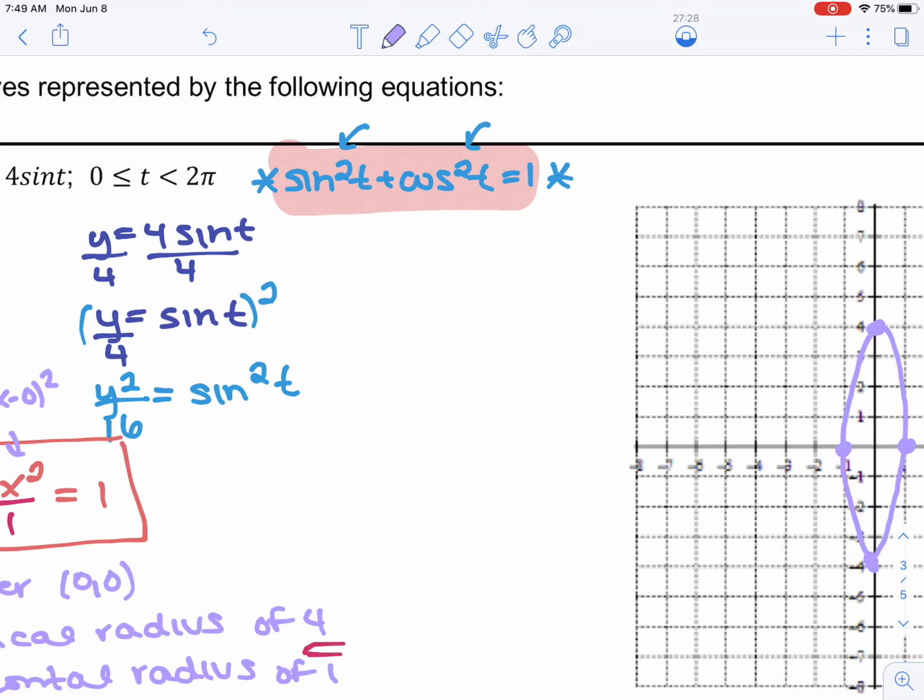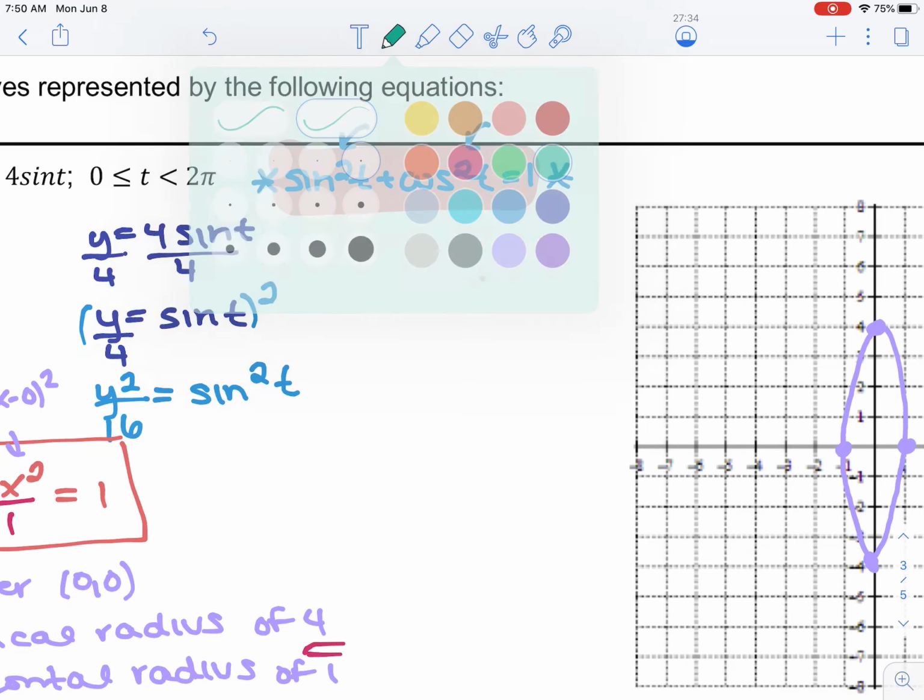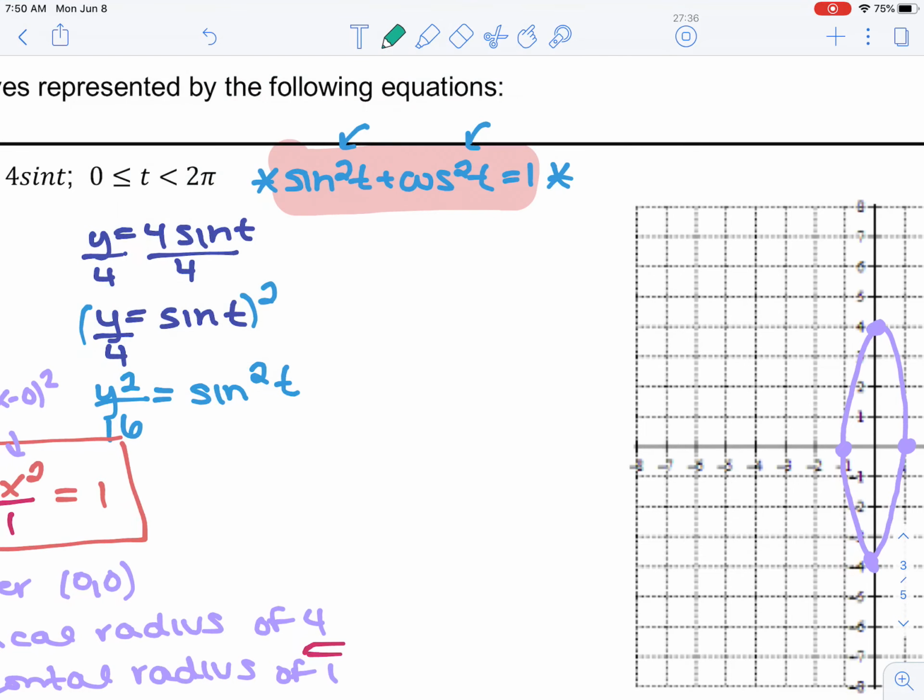If you plug in 0 for t, you're going to get the xy point. I'm doing this in my head, but it is hinting at that table that we could have created to plot this. So when t is equal to 0, we do get the xy point of 1, 0.